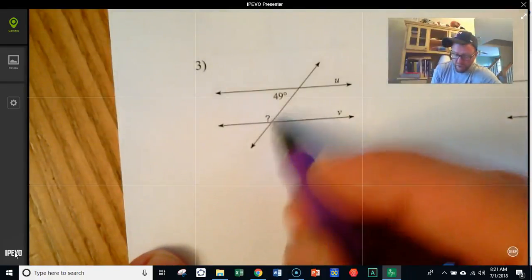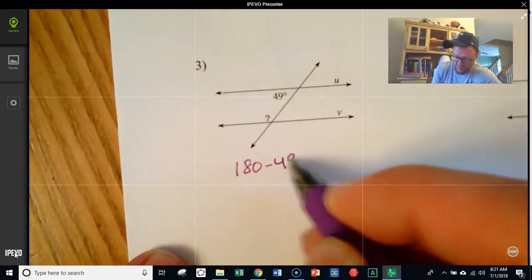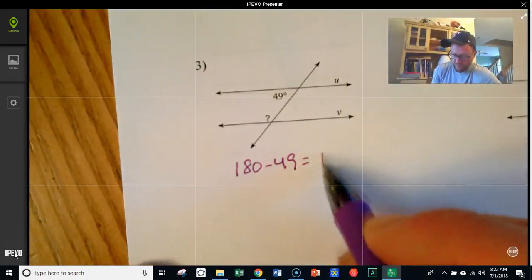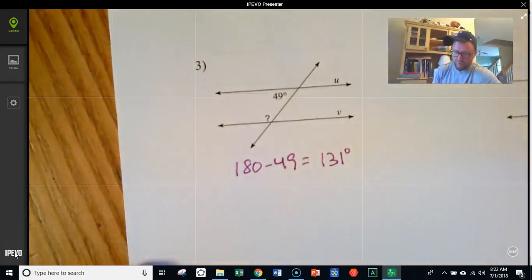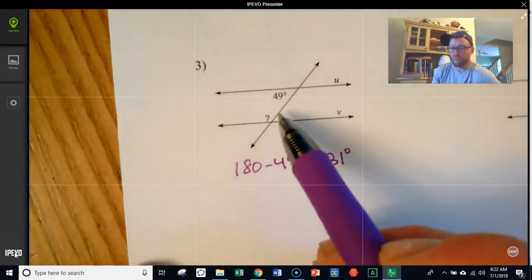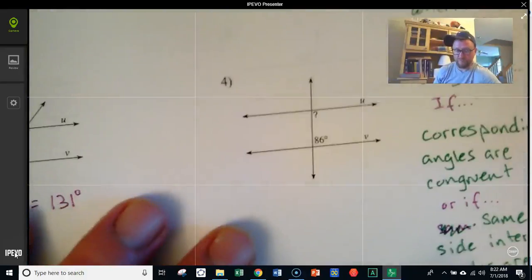So these should be supplementary. So 180 take away 49 equals 131. So if this angle is 131 degrees, then these two angles will be supplementary, add up to 180, and then the lines will be parallel.